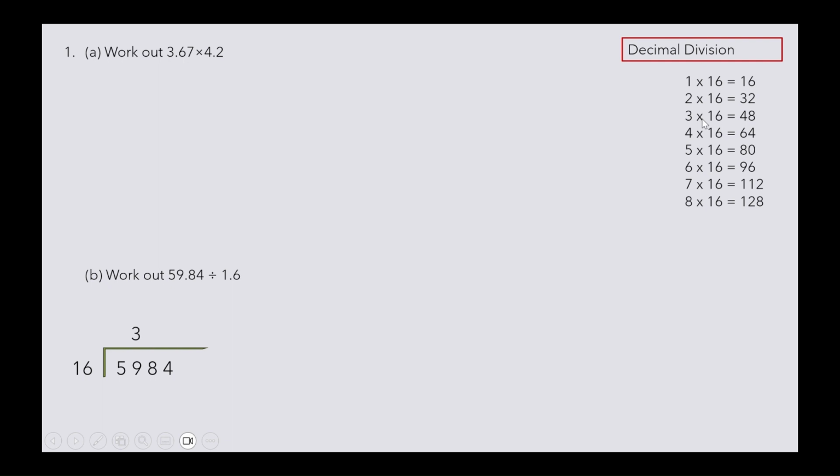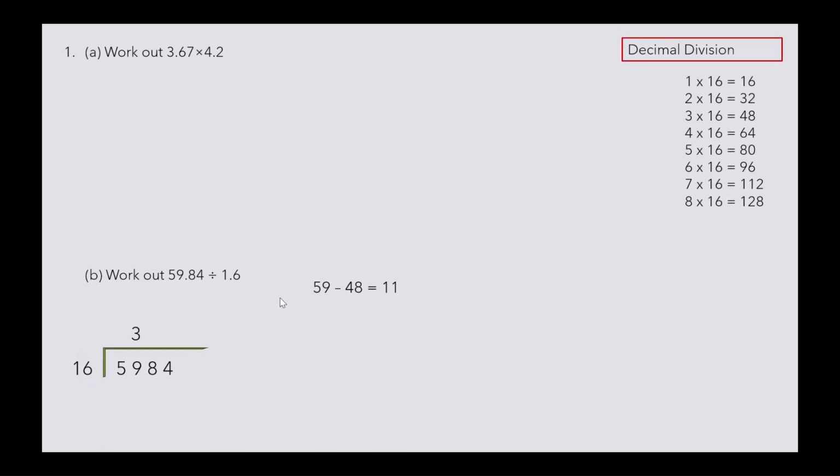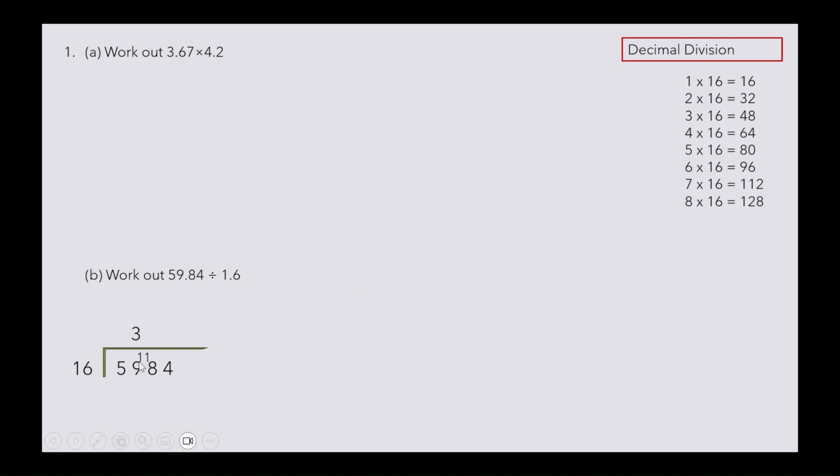But as we can see, there's some left over and we have to find out the remainder. So that's 59 minus 48, which is 11. The remainder is 11, so we need to write 11 where it is. So that'll be 118. And then we do the same thing. It's bigger than 64, bigger than 80, bigger than 96, bigger than 112, but smaller than 128.